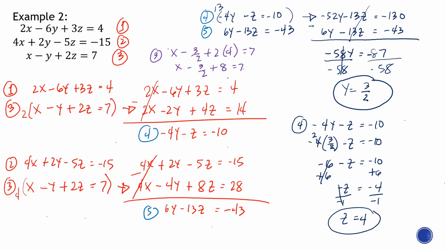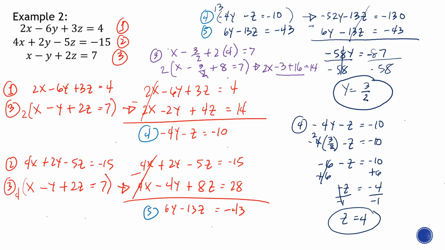Every time you have an equation that has a fraction, the best thing we can do is multiply all the terms by the denominator. So this will be 2x minus 3 plus 16 equals 14. Now we don't have a fraction, right?